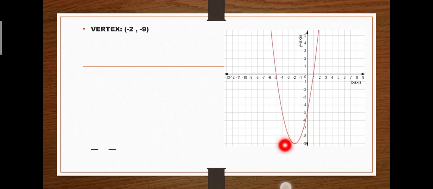So, tingnan lang natin kung from here, so saan siya naka-align sa x-axis. So, okay, dito siya sa negative 2. Kaya yung h natin is negative 2. Then, yung k is ito naman. Kung saan naka-align sa y-axis yung vertex. So, negative 9. So, negative 2 is ang h, then negative 9 is ang k. So, meron na tayong vertex.